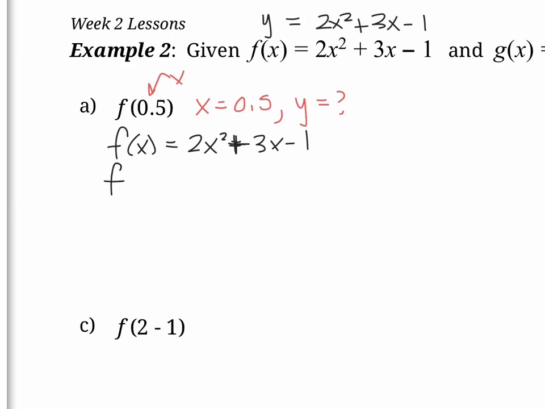So here's my function f. Instead of x, I'm going to plug in 0.5. And then I'm going to copy everything else. I'm going to change x to 0.5 everywhere I see it. Plus 3. Instead of x, I'm going to put 0.5. And then minus 1.